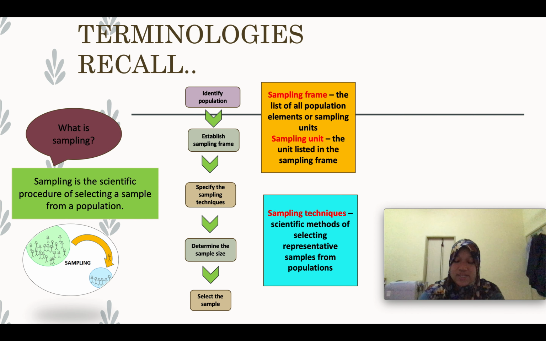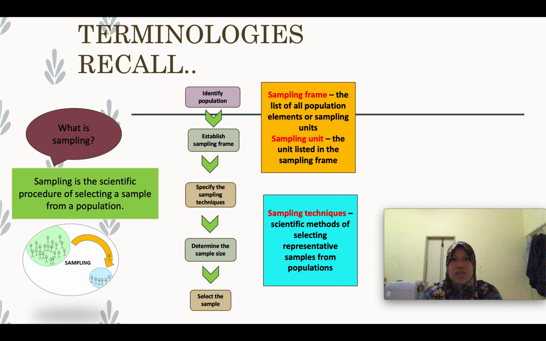Now, what is sampling? If you still remember, last semester we covered the sampling distribution topic. Sampling is the scientific procedure of selecting a sample from a population. First you need to identify your sampling frame, which is a list of your population.